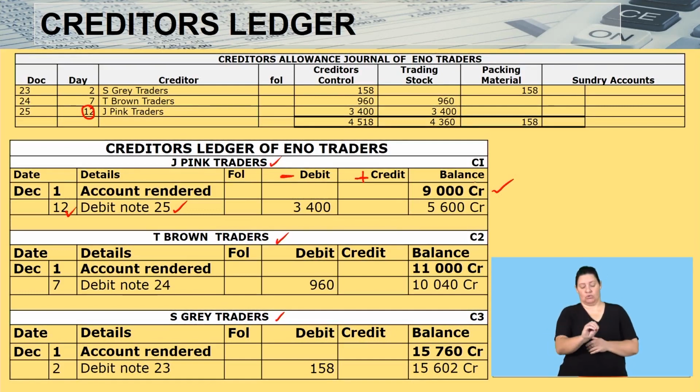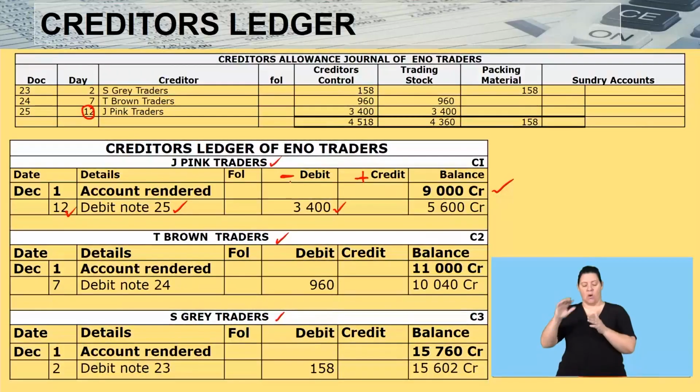You put your debit note on the debit side because it is an allowance. Then you take your calculator: 9,000 minus, because the debit note is on the debit side, minus 3,400, and you end up now with 5,600.